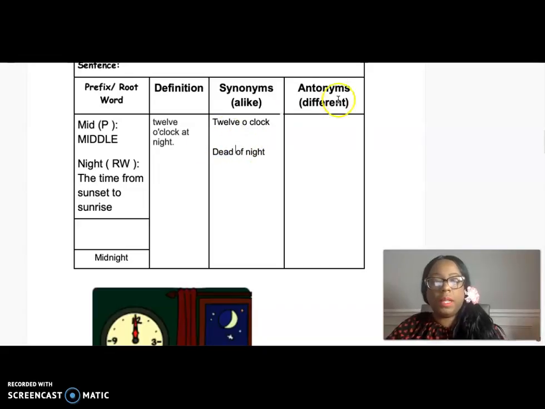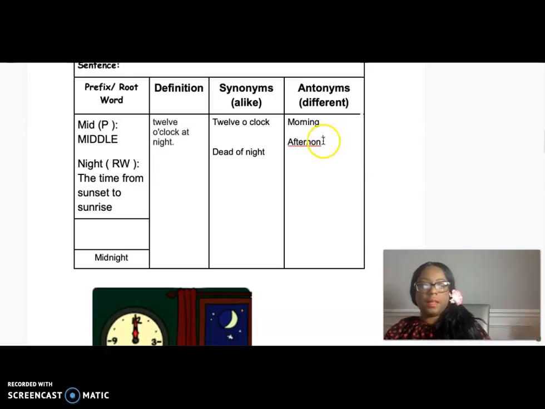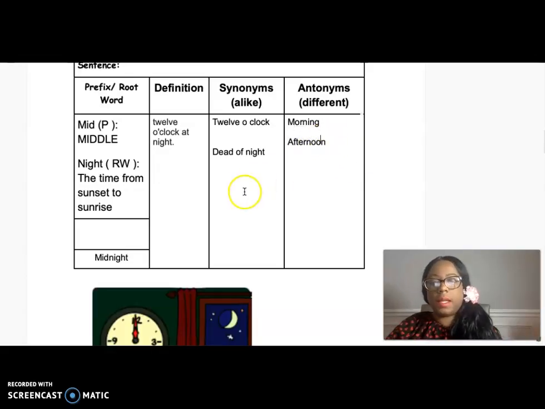Now, if we were looking for antonyms, that would be the opposite. So I found morning, afternoon to be antonyms of midnight.